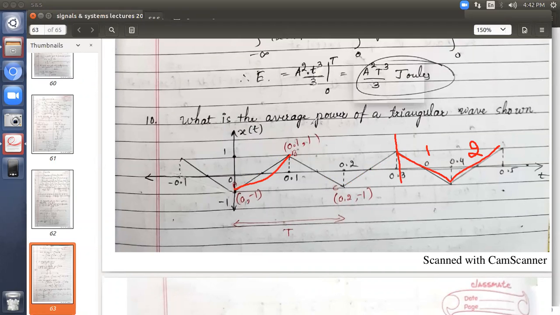So for this particular straight line, let us find the coordinates. What are the coordinates of these 2 points? It is important to find the coordinates, then only we will be able to get the equation for the straight line. Check the horizontal axis here.